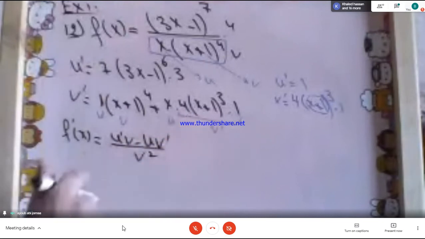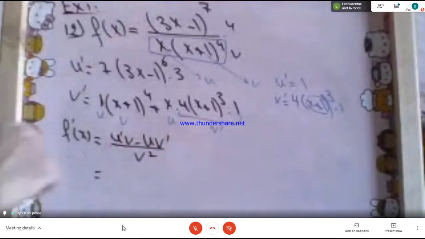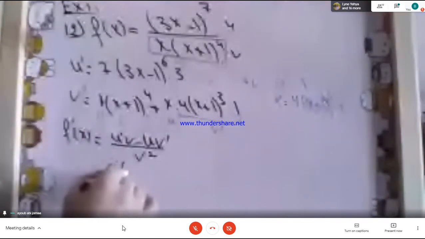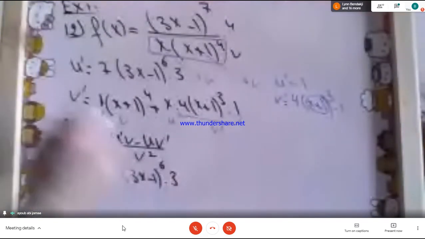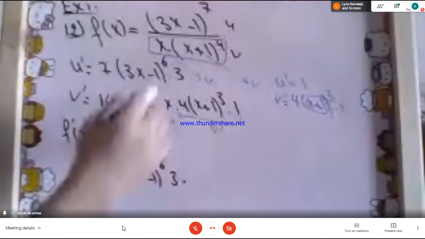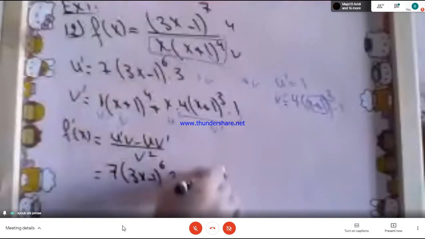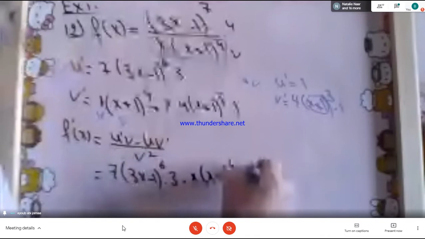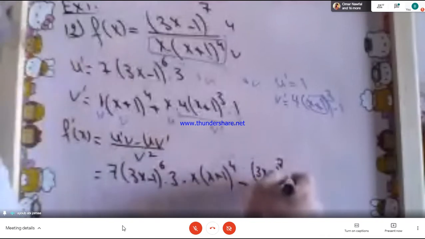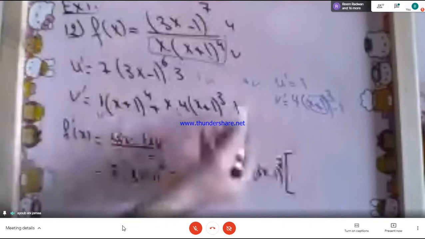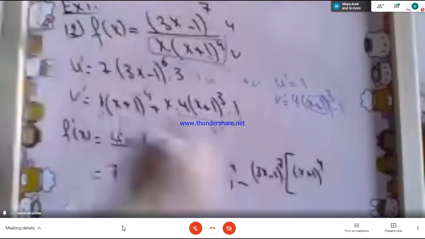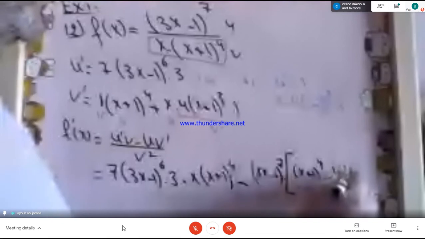It looks a bit messy, so I'll write it in detail so nobody makes a mistake. 3x minus 1 to the power 6 times 3, this is u prime, times v, x plus 1 to the power 4, minus u v prime: u is 3x minus 1 to the power 7 times v prime, all of it, so x plus 1 to the power 4 plus 4x into x plus 1 power 3.